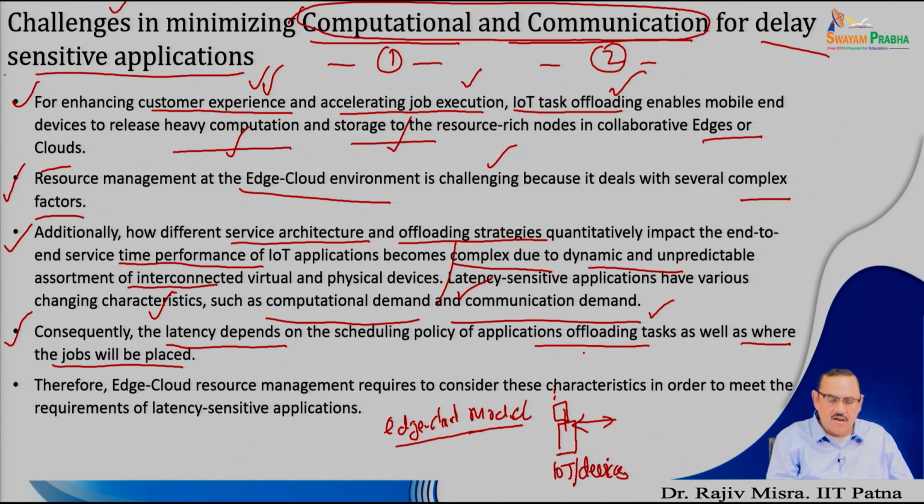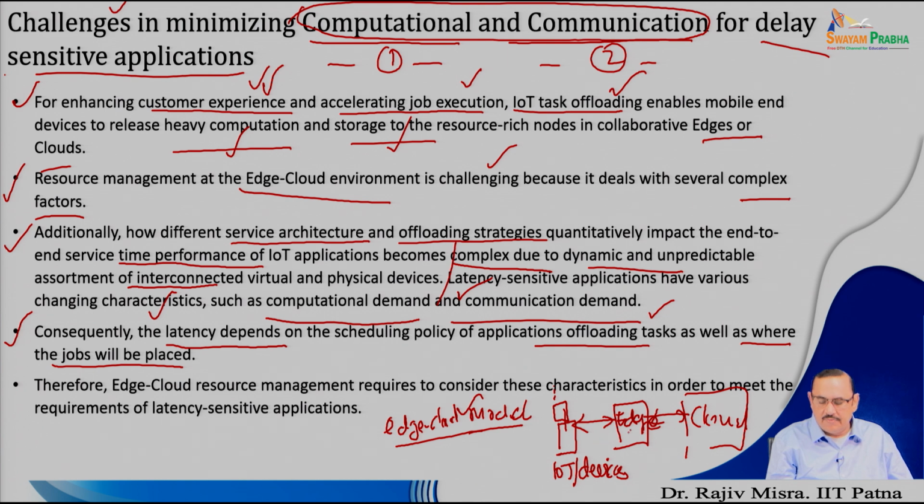Why? Because the computational resources are not available with these devices. So, either they will be available at the edge or they will be available at the cloud. So, this particular kind of architecture gives the edge cloud model.